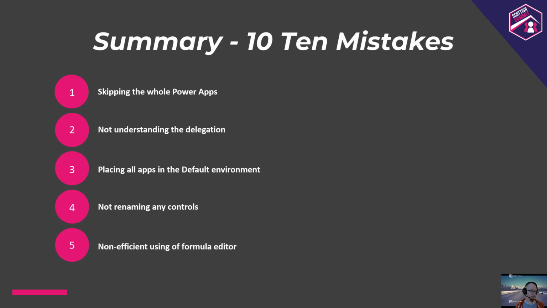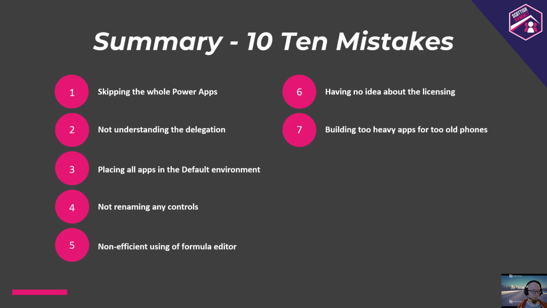Number 5, you are not using the formula editor very efficiently. Number 6, you have no idea at all about Power Platform licensing. You don't have to be a licensing expert, but you have to understand the basics. Number 7, you are building too heavy apps for too old phones.